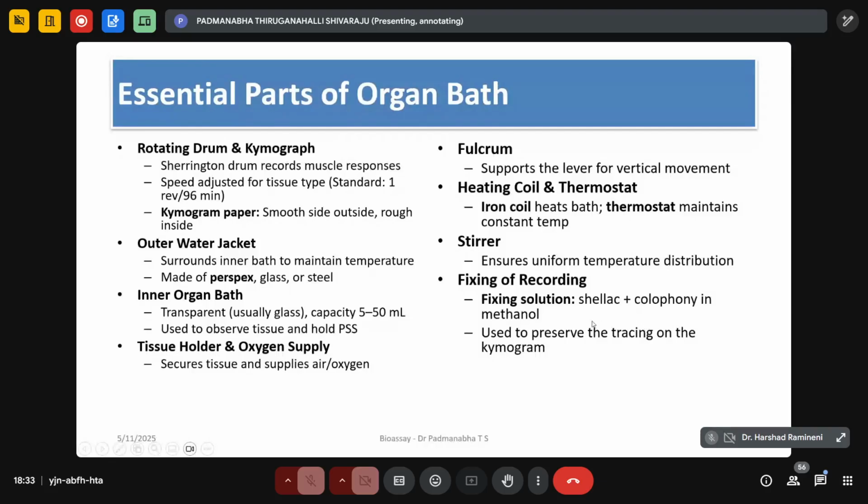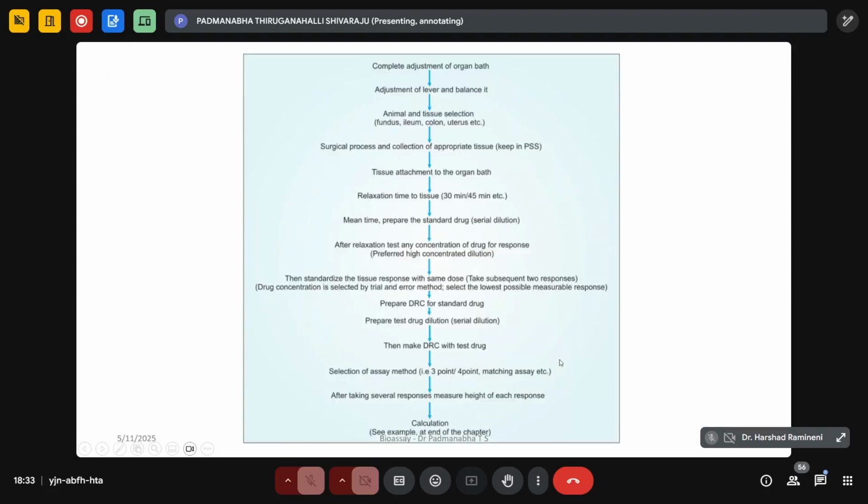It is used to preserve the tracings of the recording, that is, the tissue response recording on the kymogram. So you need to mount as well as fix it, otherwise it will be gone. So these are the complete components you saw.